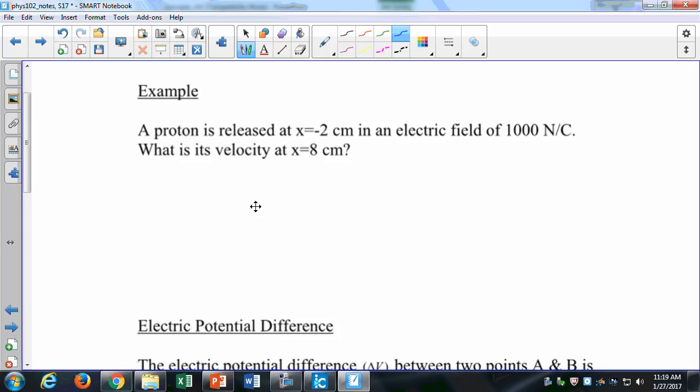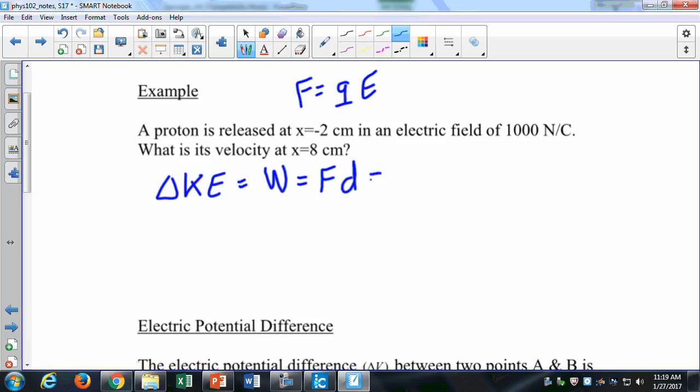So, what I want to do here is my change in kinetic energy is equal to the work that's being done, which is equal to my force times my displacement. Now remember, F is equal to Q times E. So my force then, right here, is equal to Q times E times, I'm going to just rewrite D as delta X here because I used X here.